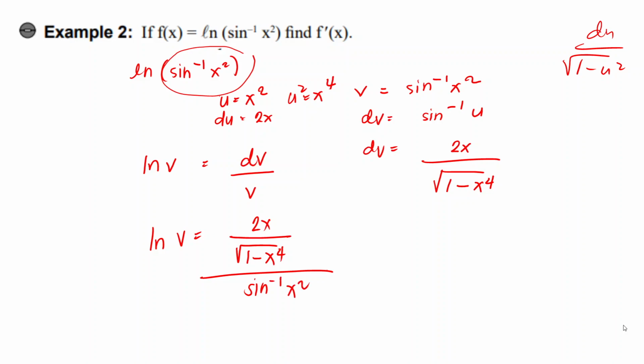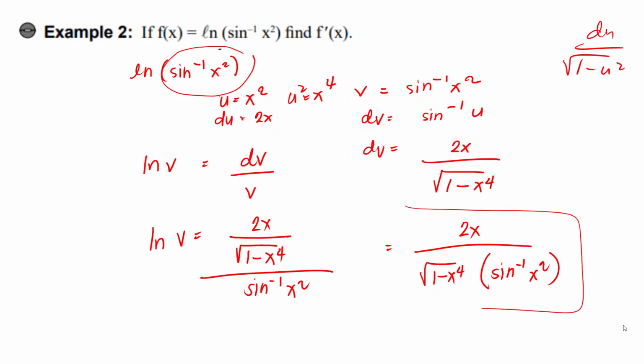So, ang derivative pala nito is equivalent sa 2x over square root of 1 minus x to the fourth times sine negative 1 x squared. So, ito po ang f prime x natin. Okay? So, that's how you answer inverse function kapag ganyan, yung medyo composite ang dating.